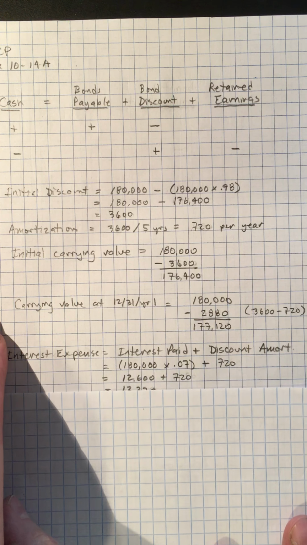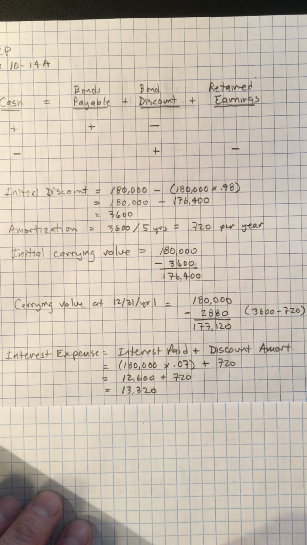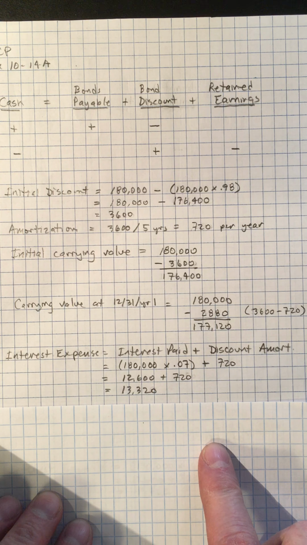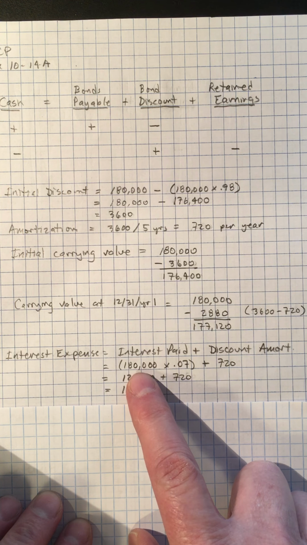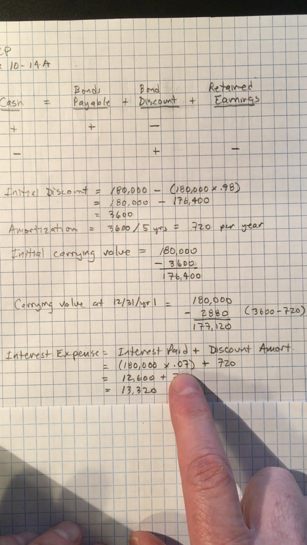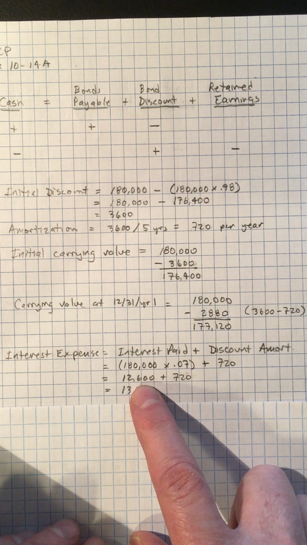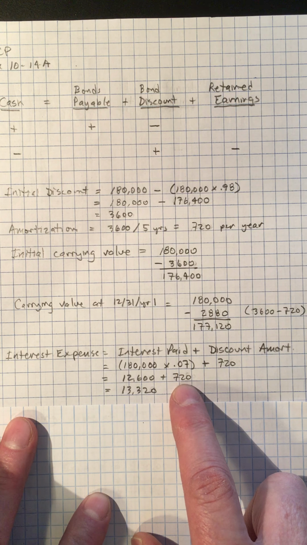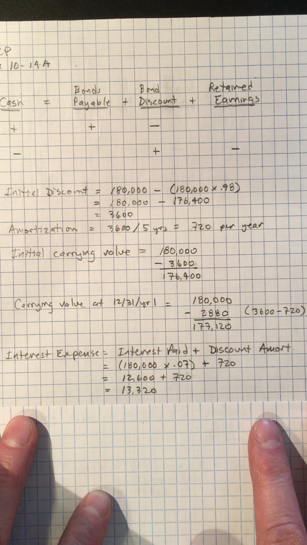Now the interest expense is going to equal the interest that we paid plus the discount amortization. So we're going to pay $180,000 times 7%, so the full face amount times the contract rate. So we'll pay our bondholders $12,600 per year, and the interest expense will be $12,600 plus $720, or $13,320.